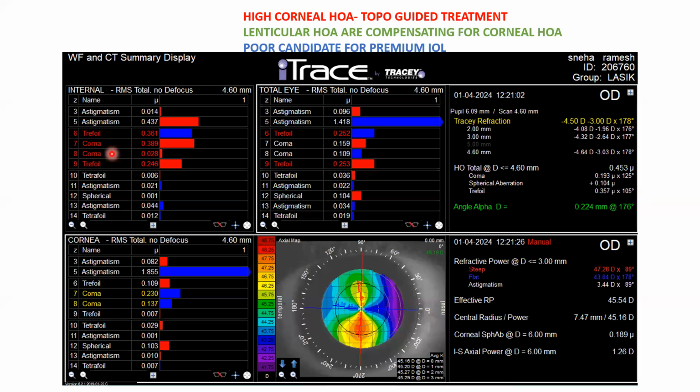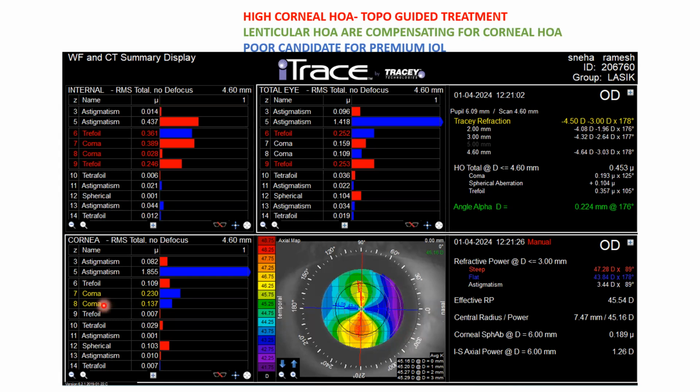In this, one patient had come to us for LASIK consultation. On EyeTrace, we can see that the internal astigmatism is very high. The ones marked in red are significantly high. The ones marked in yellow are moderately raised. So anyway, the internal aberrations are very high.